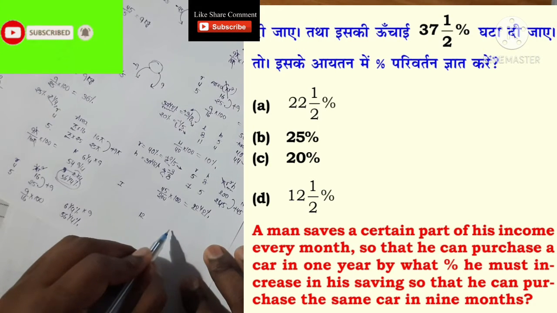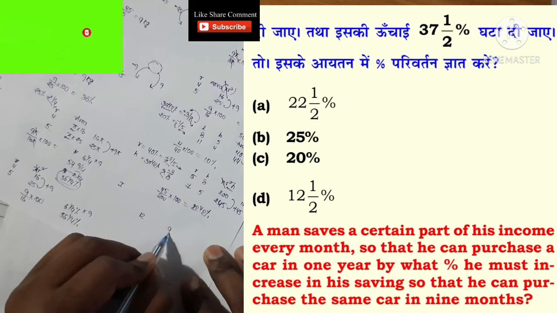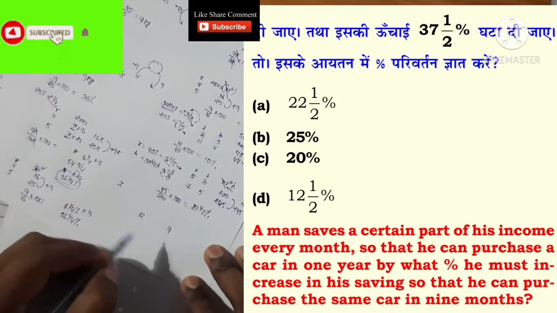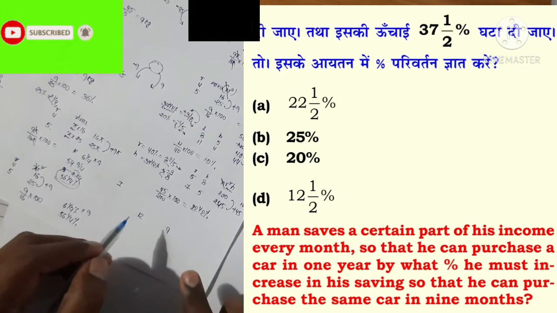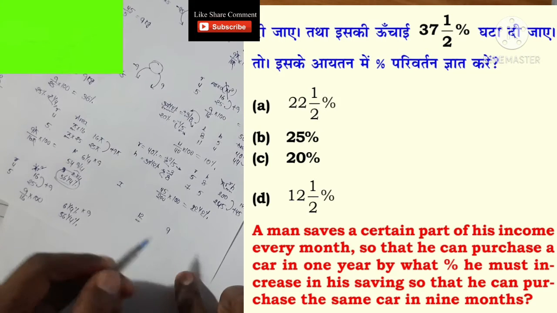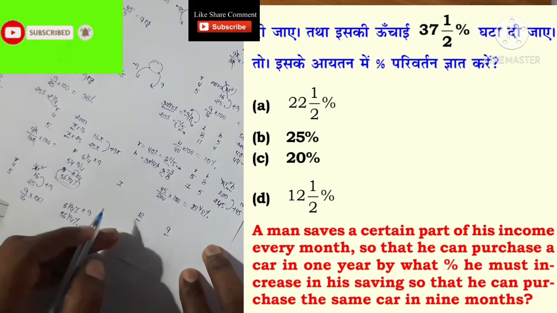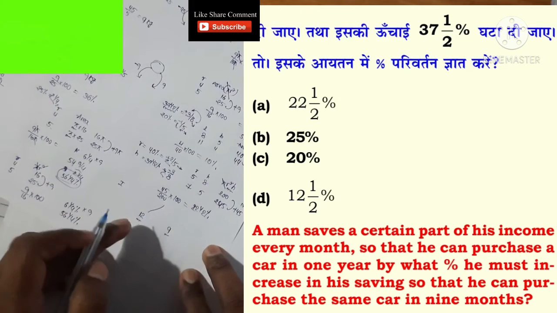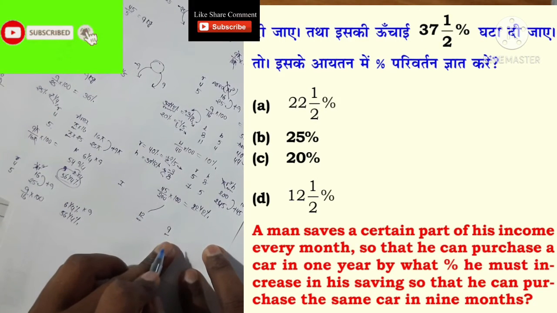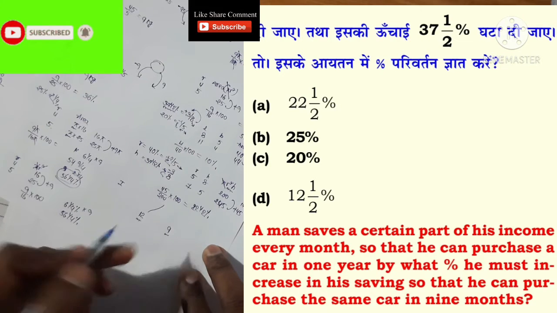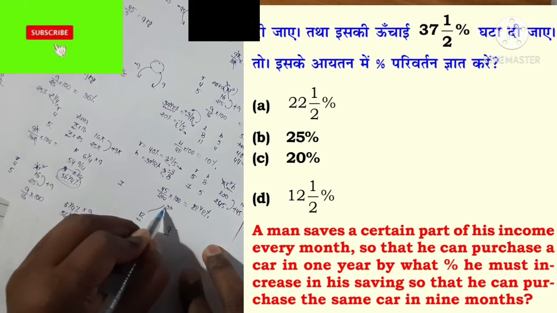First you purchase a car in 12 months. You can purchase a car in 9 months. So take the LCM of 12 and 9. LCM is 36.